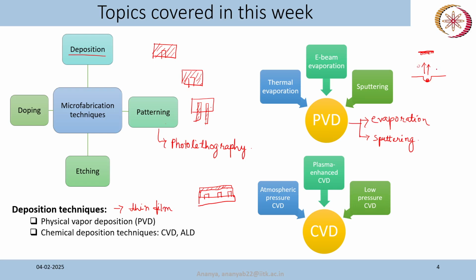If the vacuum is not good and there are other particles, then the evaporated particles will collide with these other particles and move in a different direction. You don't want that. That is why we normally do this kind of deposition inside a vacuum system. If the vacuum is good, then the deposition will also be better.